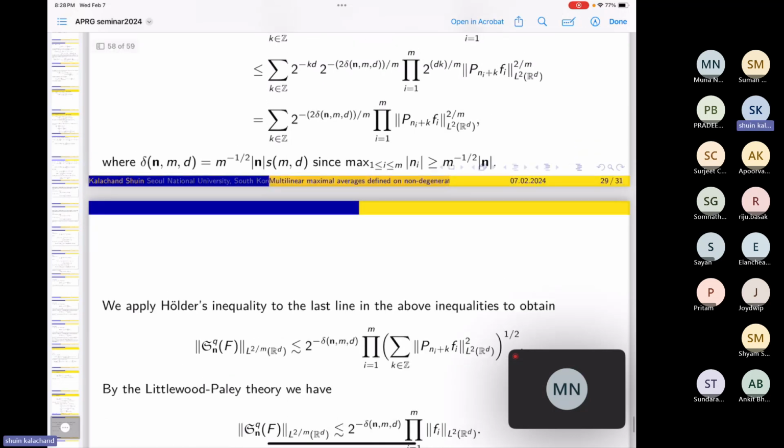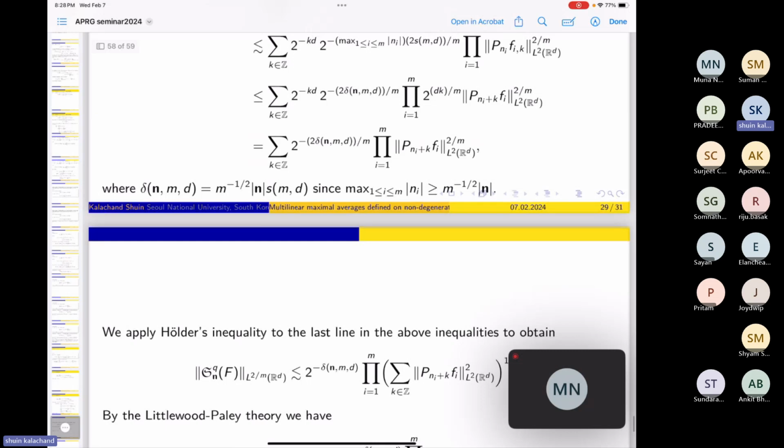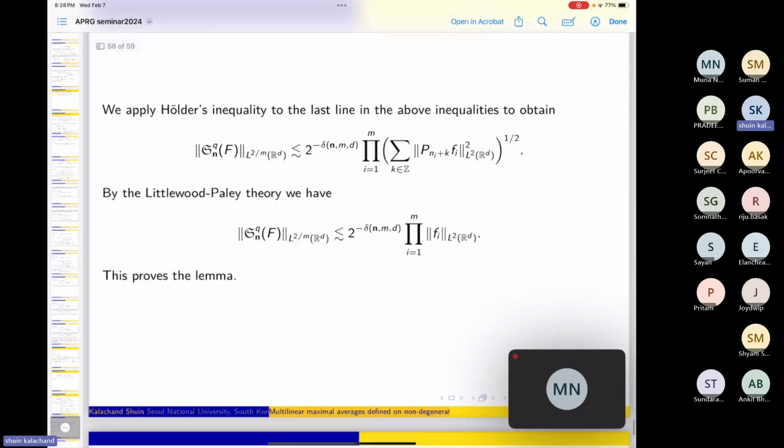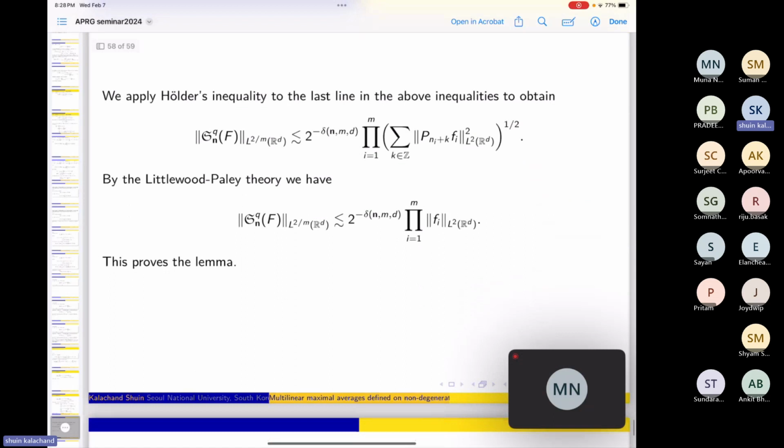Now, in order to sum over k, we need to apply Hölder's inequality again. Then we get this. Applying Littlewood-Paley theory, we get the L2 norm of the functions with this decay, and by definition this number delta(n, m, d) is a positive number, so we can sum over n, which will prove the boundedness of the global maximal function.